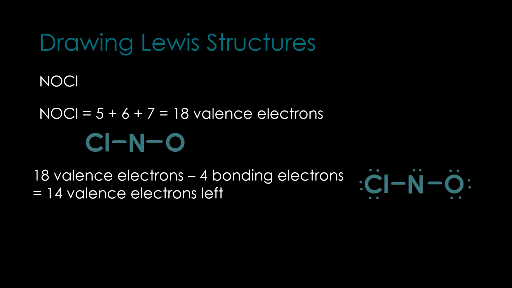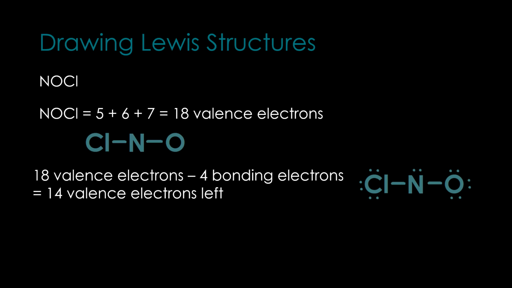So let's use one of oxygen's lone pairs to form a second bond between nitrogen and oxygen. Remember that we can't simply add an extra pair of electrons into a compound out of nowhere because we already calculated that this compound only has a total of 18 valence electrons.